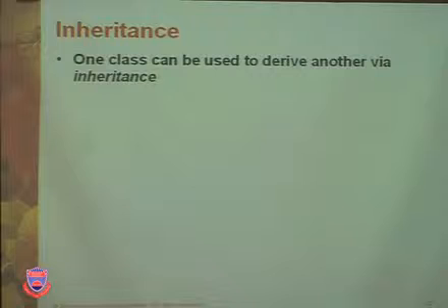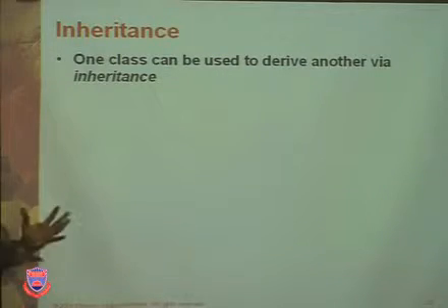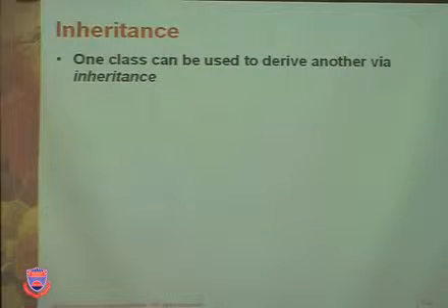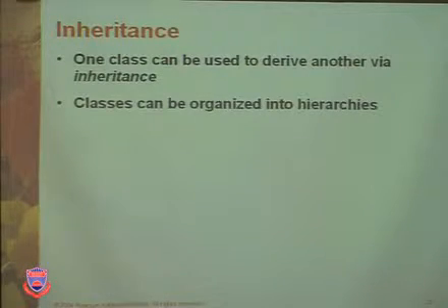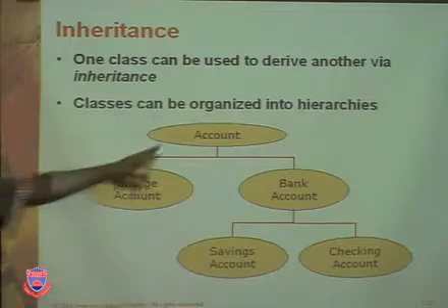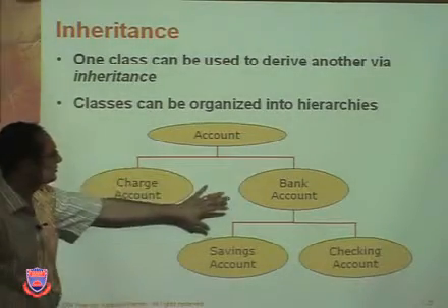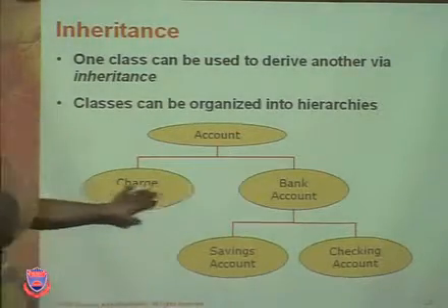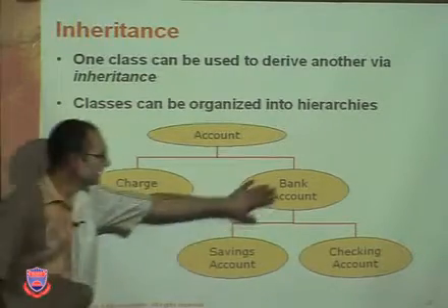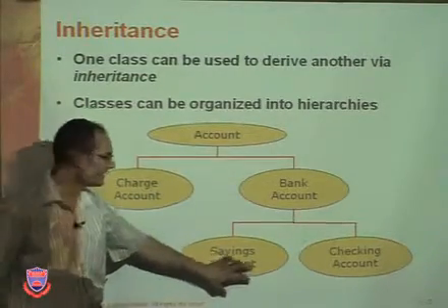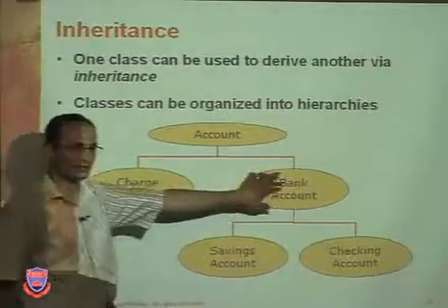And in inheritance, as we will see in a lot more detail how to implement this, we inherit certain characteristics of a class to use in another class. So for example, you have an account class that is used in bank account and also charge account. And then you have a savings account and checking account that use the bank account information.